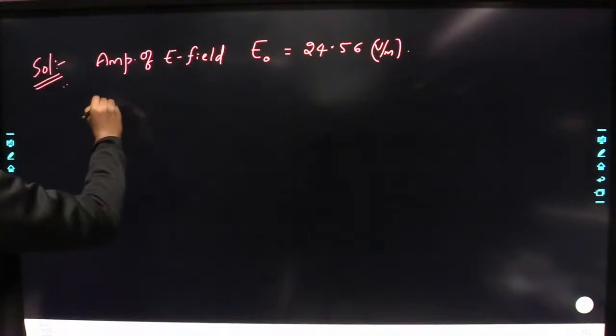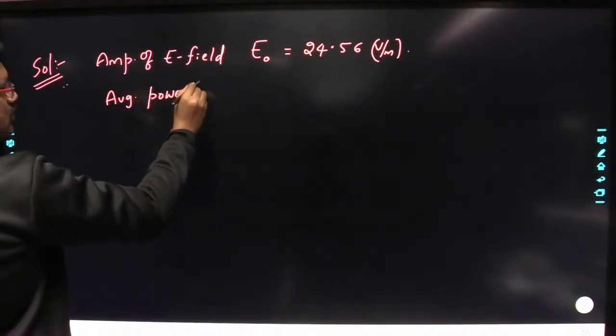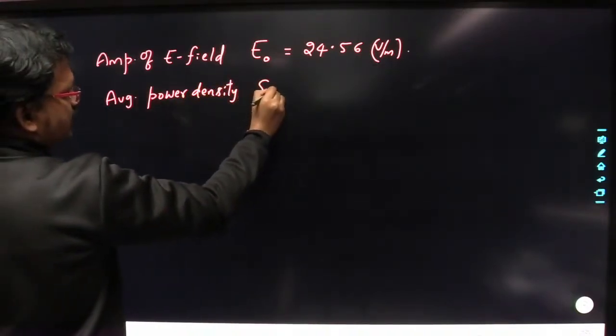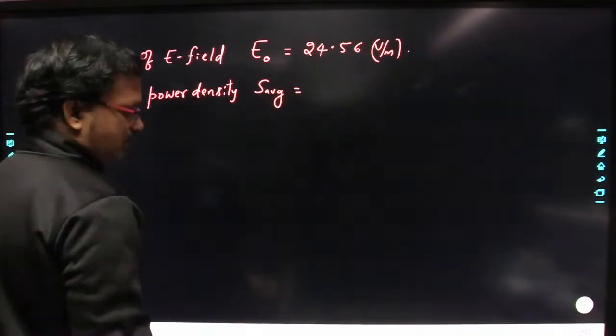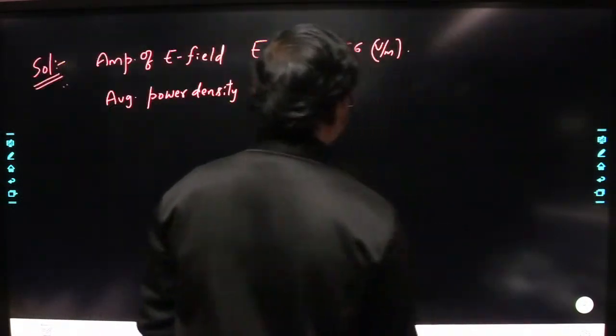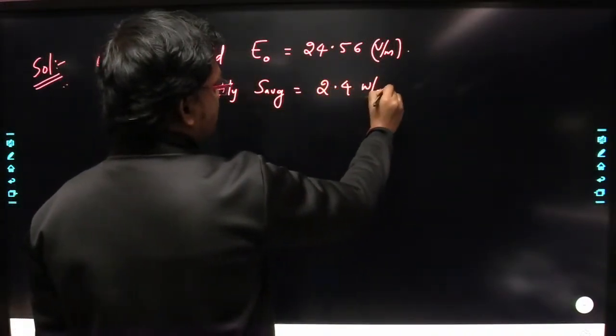And they have given the average power density, S average, which is 2.4 watt per meter square.